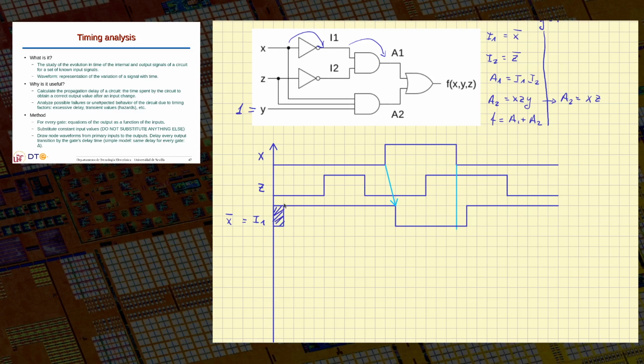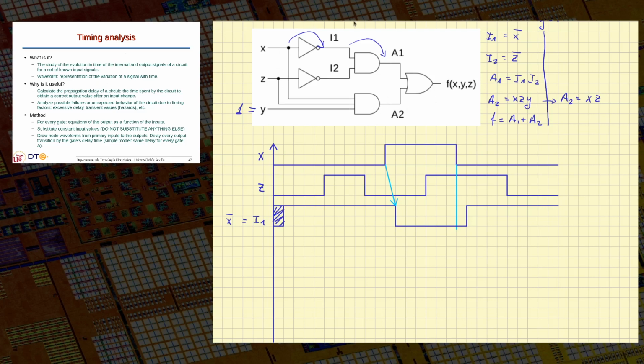I know this is 1 because I know delta before it was 0, but I don't really know what's here. It depends on the problem. Actually, this is more correct with the information the program gives, but we can also suppose that the signals that have been plotted here have been stable for some time, so I can start with some other initial value. It will be the more correct solution given the information I have in the diagram.